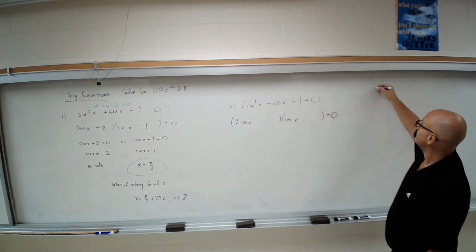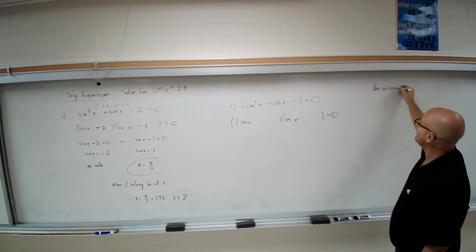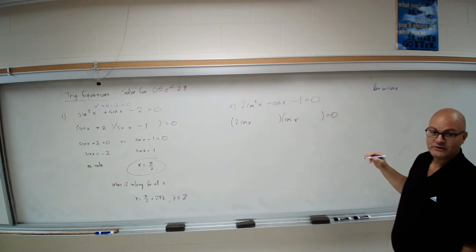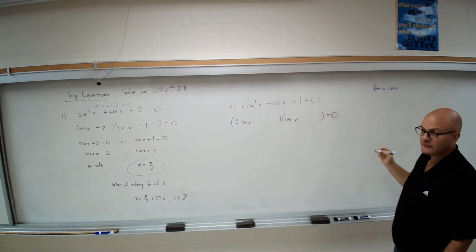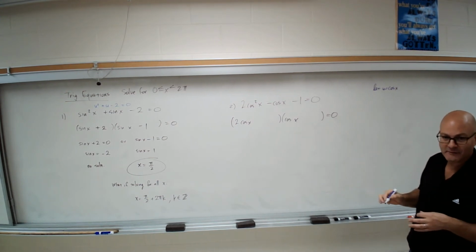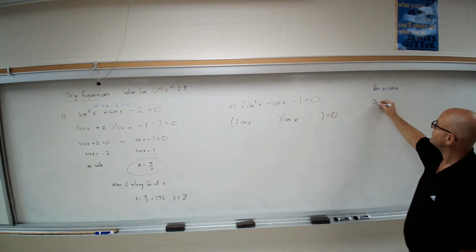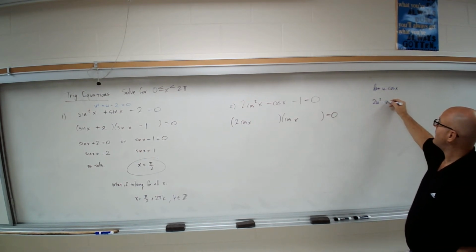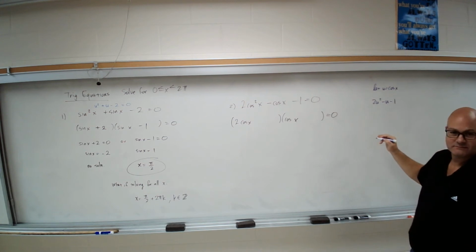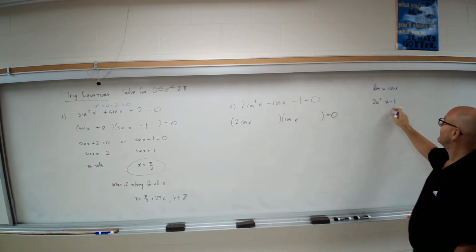I would just off to the side, let u equal the cosine of x, right? There's a whole thing we'll do in calculus called u substitution. U is a pretty common variable. So we'll get 2u squared minus u minus 1. Now if I'm going to factor this, I can just split the middle.